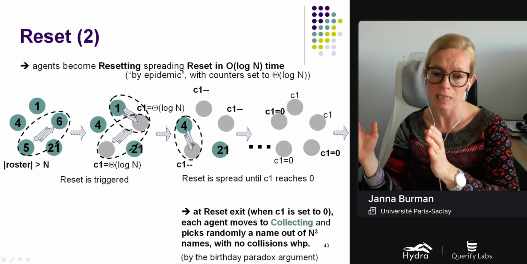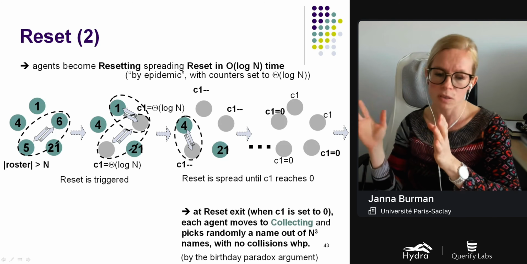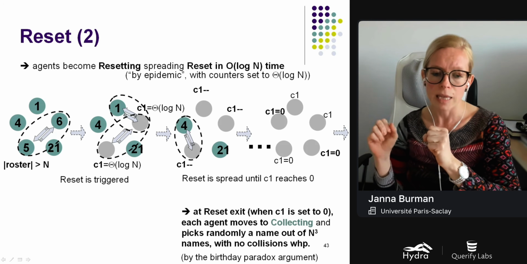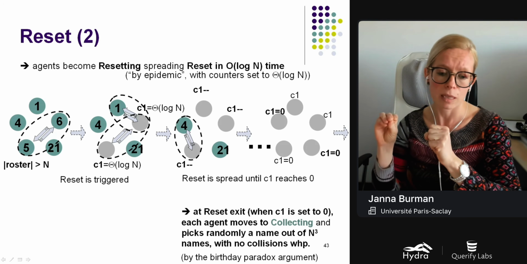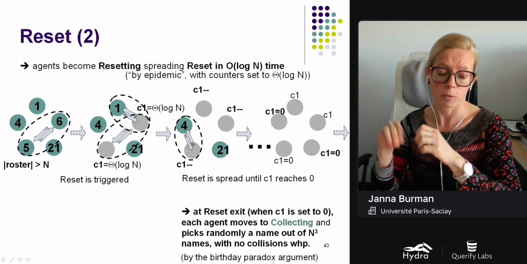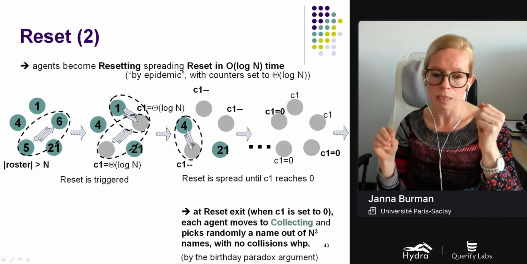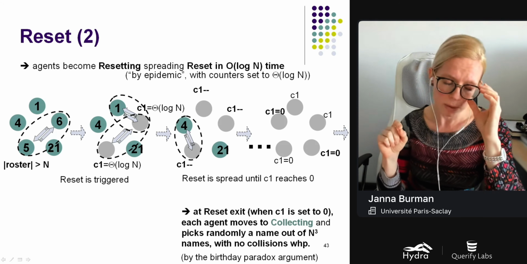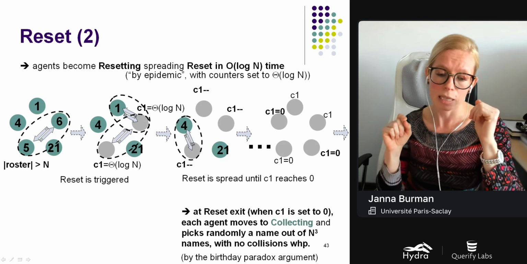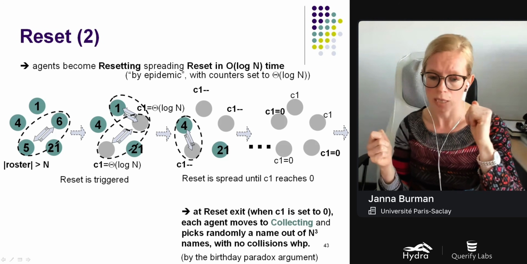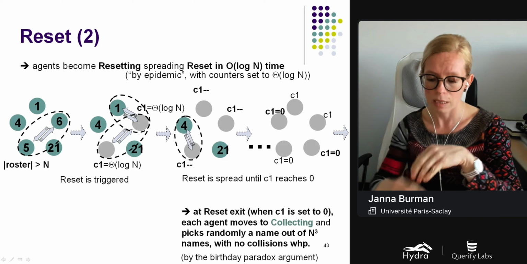Again, this is important. This is a big enough set to show by birthday paradox argument that at this moment, every agent in the population of size n will with high probability pick a unique name. There will be no collisions in the names.